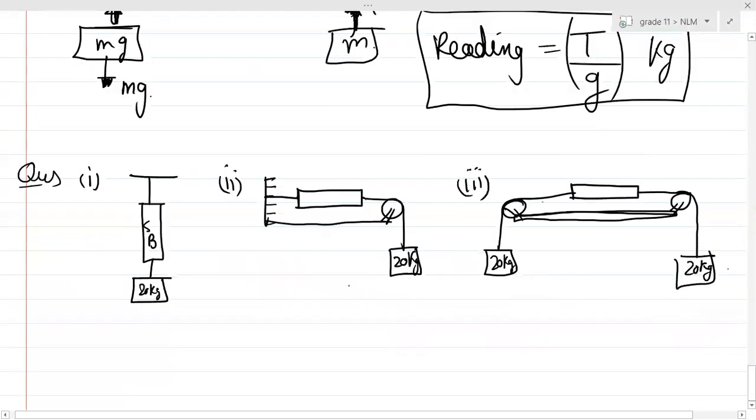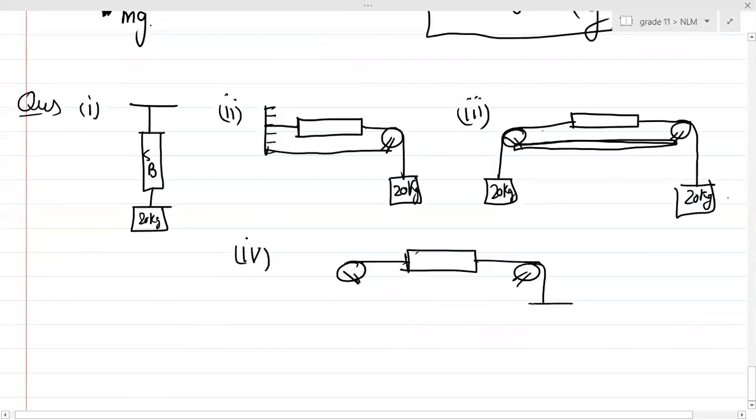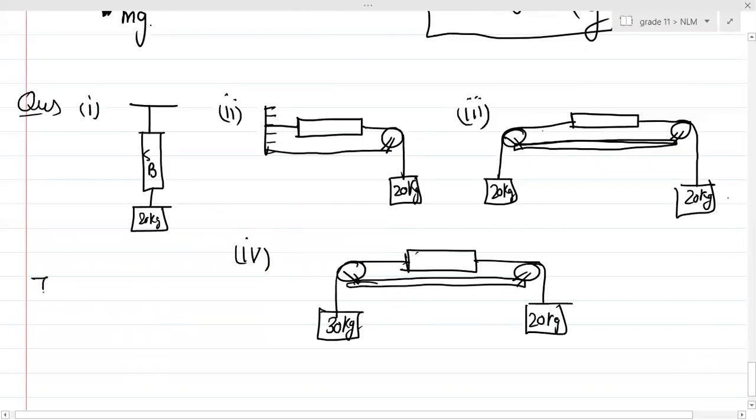Now you need to tell me, the third case is done, and the fourth case is 20 kg, and here I'll give you 30. Now the question is to find where the reading of the spring balance will be maximum.